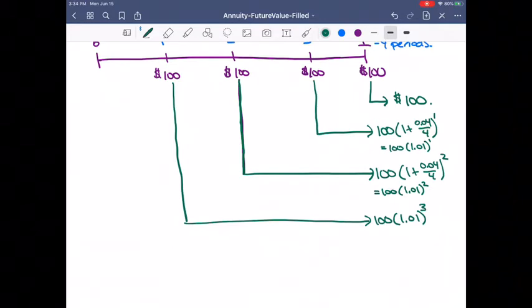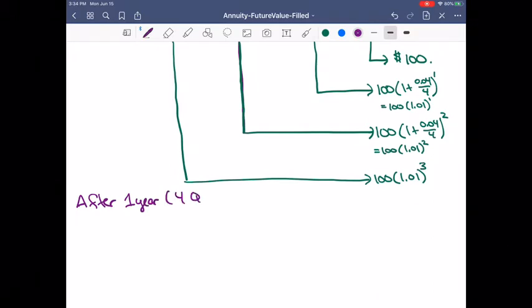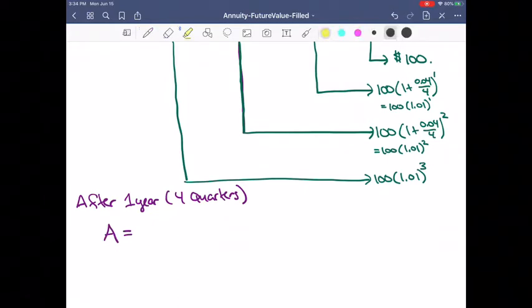So then we want to look at what happens after 4 quarters. So after 1 year, or 4 quarters, our A is going to be the amount that we earned from each one. It's all 4 of these things added up.